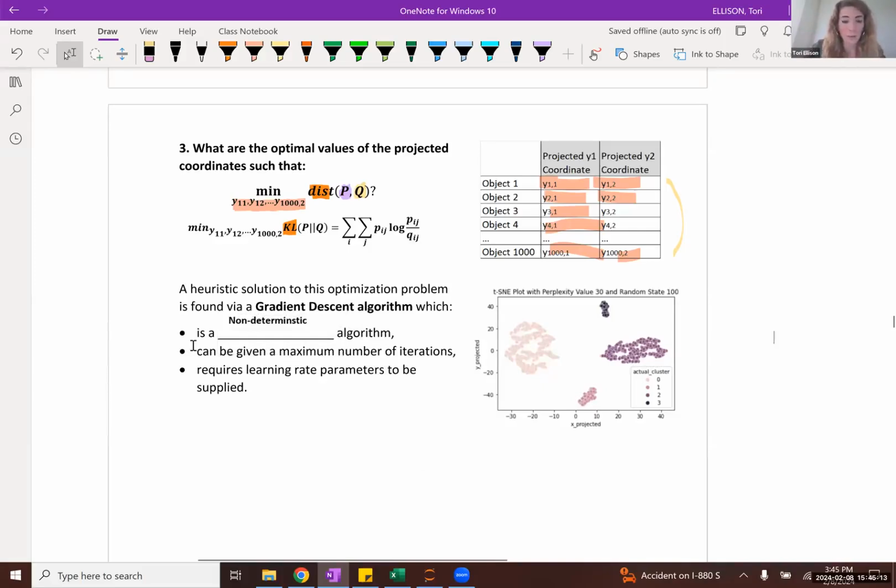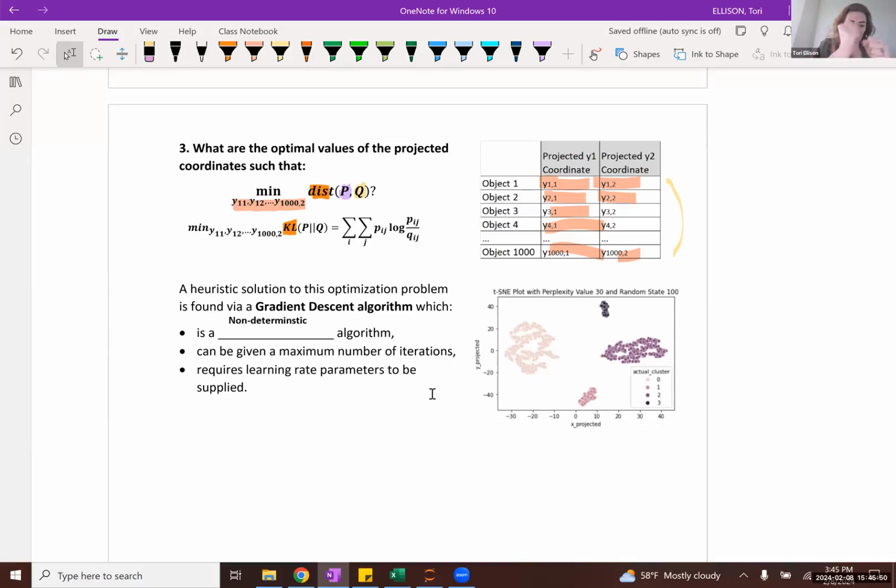What the algorithm will pursue is a local minimum to this optimization problem, but sometimes you might be running the algorithm for a certain number of iterations and it's still not converging. So it's always a good idea to stipulate a maximum number of iterations until the heuristic algorithm simply stops and returns the best solution that it has found so far. And technically, when we stipulate a gradient descent algorithm, there's always a set of learning rate parameters that are needed.